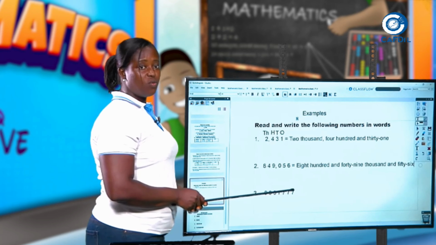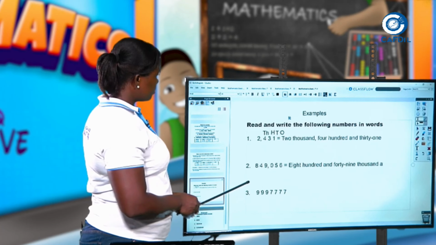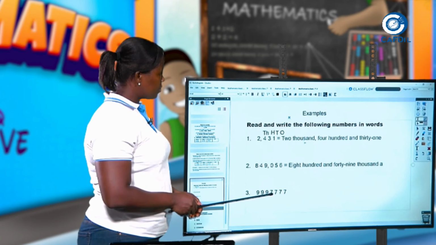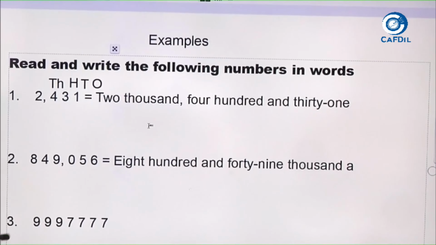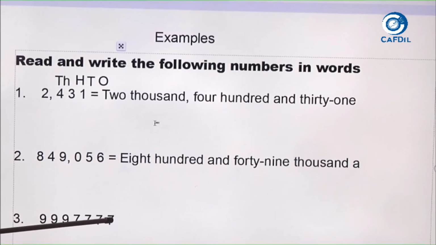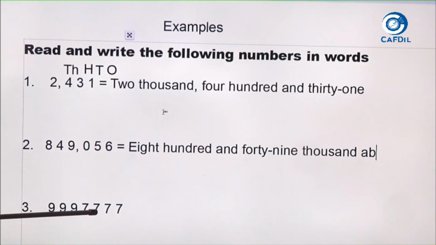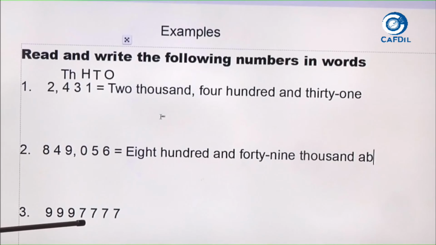Can you try the third one? Just follow the rules. How do we read it? Separate into groups of 3 digits. 1, 2, 3. With what? Comma. Either comma or space. 1, 2, 3. You bring your comma.